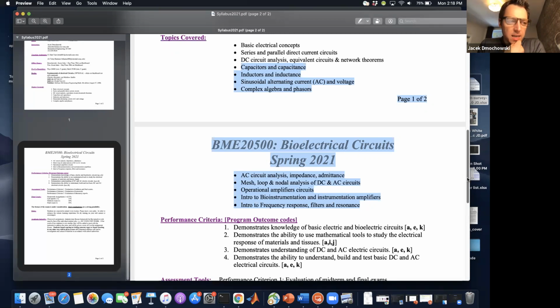So if you've ever had an EKG or an EEG, maybe even, then you have had your body's natural electricity measured for medical purposes. And so given that you're all in the biomedical engineering program, we try to tailor the material to those concepts that are most applicable when dealing with bioelectricity.